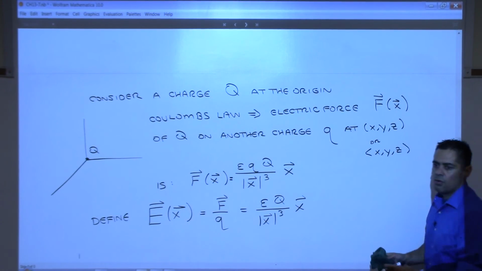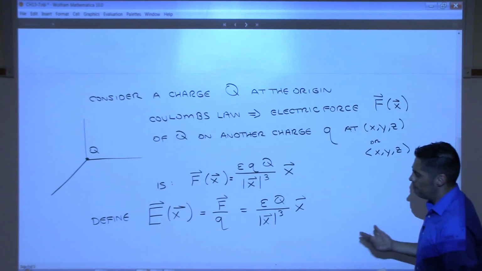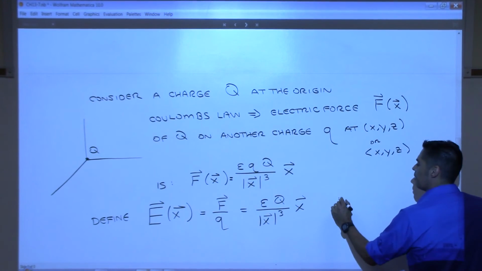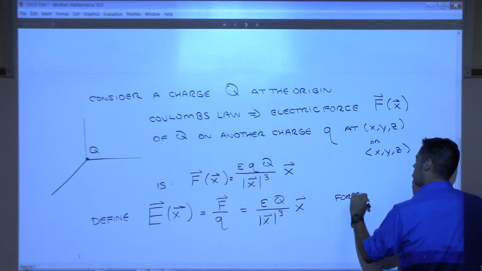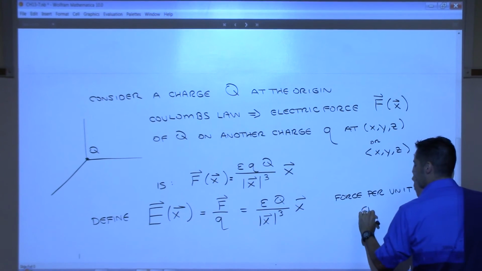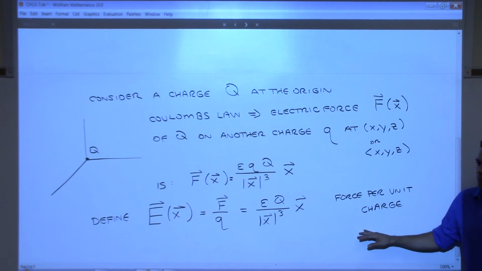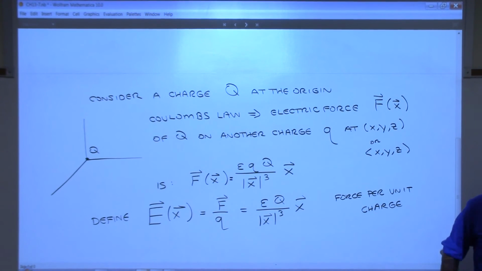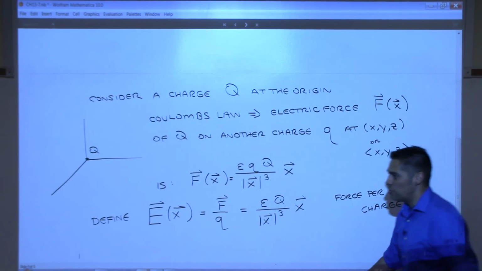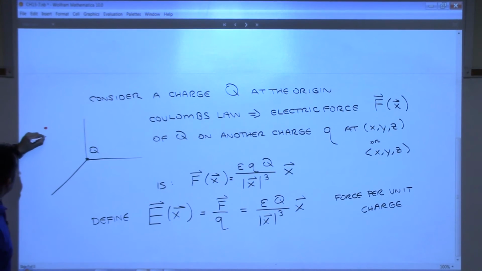And this is your force per unit charge. And this is something that will always hold for any charge that you put at the origin, and then you place another charge out here relative to it.